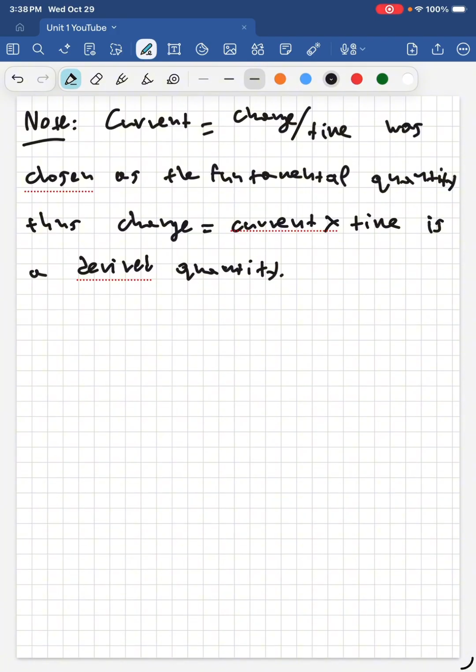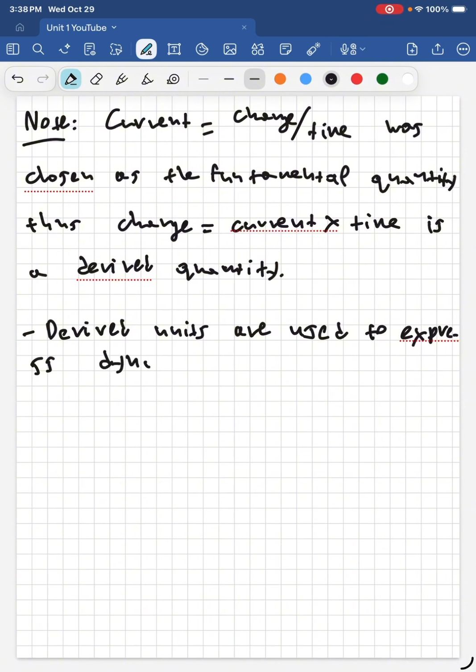So derived units are used to express dynamical properties of objects.